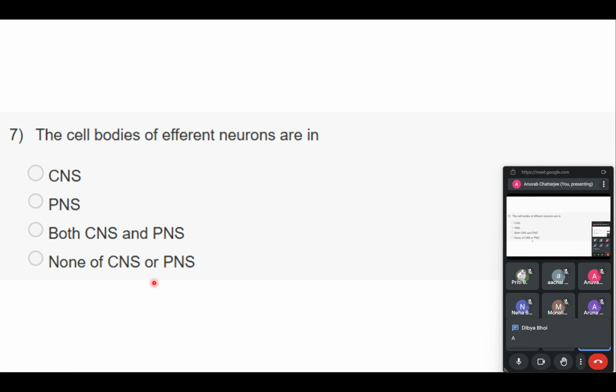Dibya says it is A. Efferent neuron cell bodies are present in the central nervous system. Anyone else? Sibani also says it is A, the central nervous system.